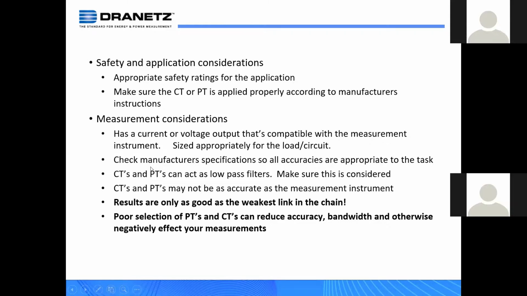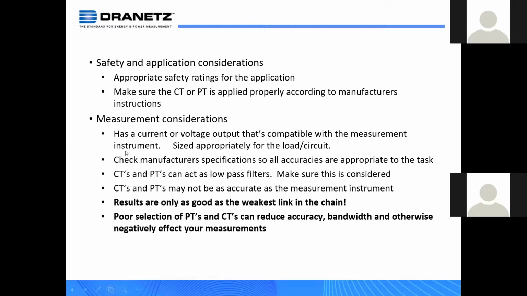If I take an example, a Dranetz meter, which may be 0.1% or 0.2% on voltage and current, and I put a 1% or a 2% transducer in front of that, well, that transducer is the weak link in the chain and reduces the accuracy of your voltage and or current measurements, which reduces the accuracy of your power measurements. So just be aware of this in your application to make sure you choose the right transducer for that.